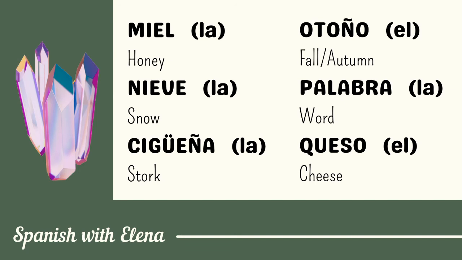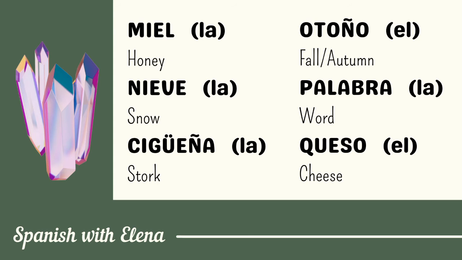Well, this is a really good one. Here you have the letter G with a letter U and a letter E. So, wasn't it supposed to be pronounced cigueña, like guerra or juguete?